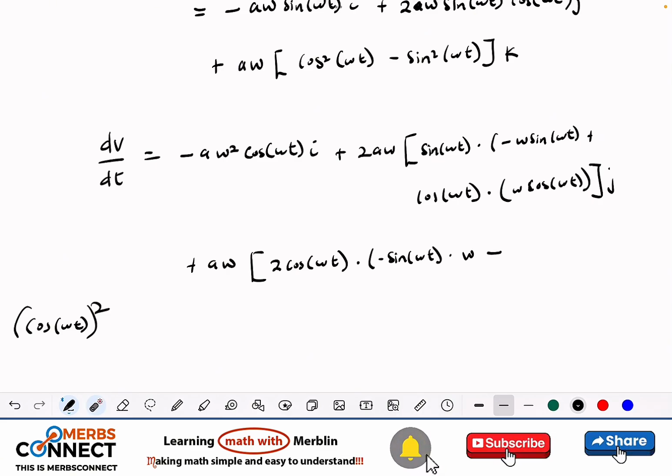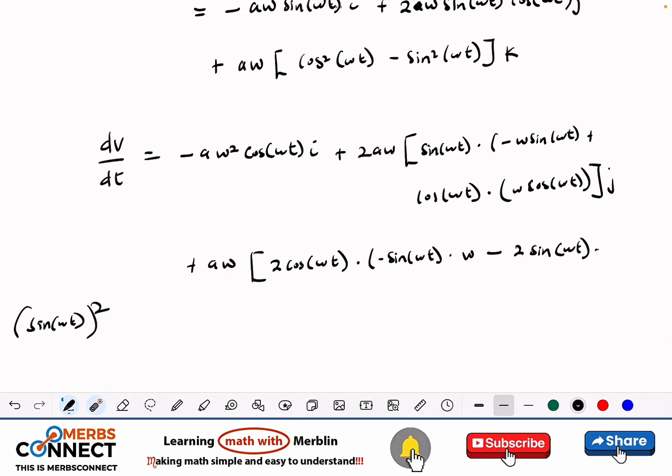Then minus, now I come here again, differentiate this with respect to t. So this is now sine. So I have sine omega t squared. So this is going to give us 2 sine omega t. No, there will not be squared again.